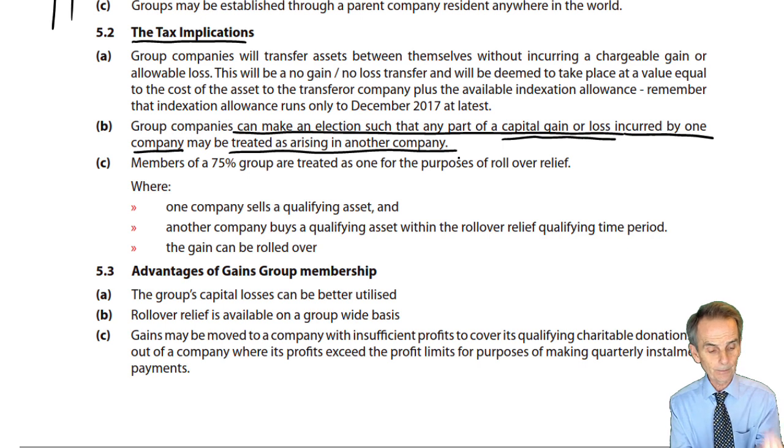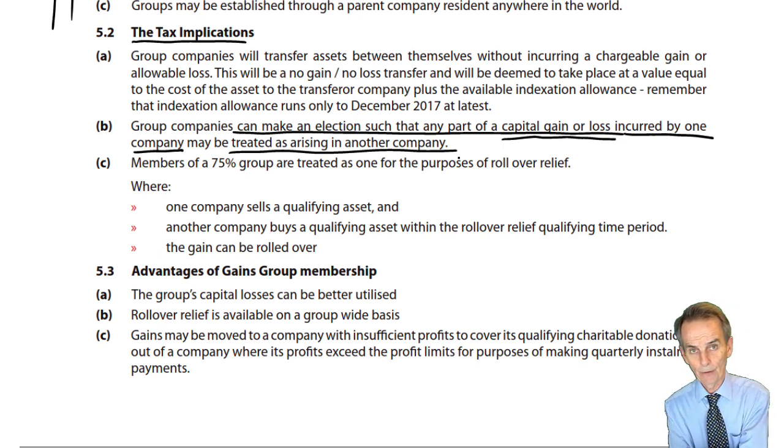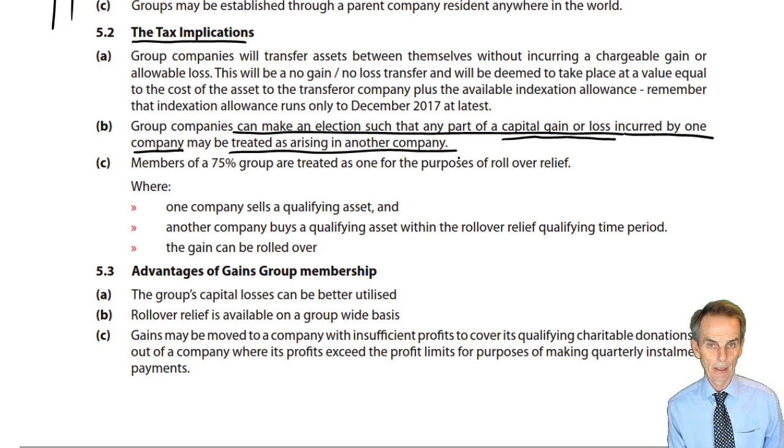Therefore, the capital gain made in the selling company can be rolled over against the base cost of the asset bought within the buying company. So it doesn't have to be the same company doing the selling and the buying. One gains group member sells, a different gains group member, or indeed members over a period of time, buy. Group rollover relief is available.